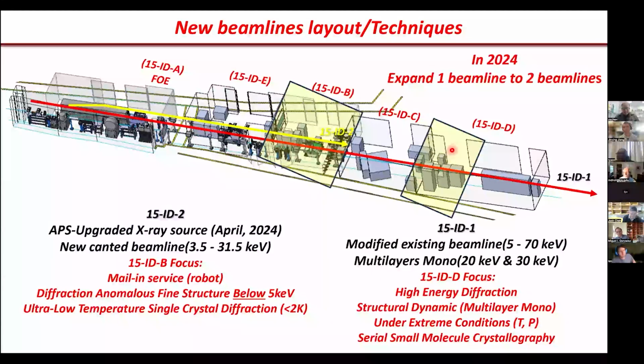The robot will be in 15-ID-B, the global ID2, fixed, and the energy will be 20 to 30 keV at some point. That keeps the high energy and gets high resolution.